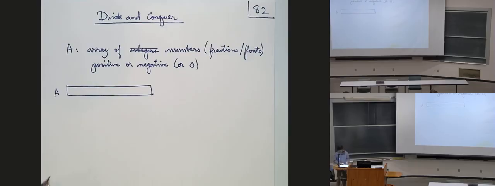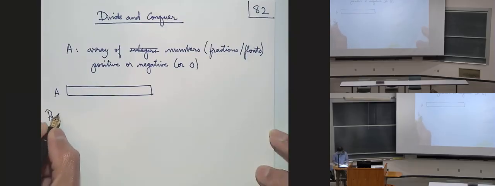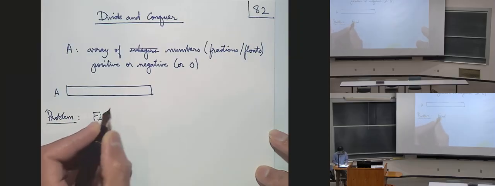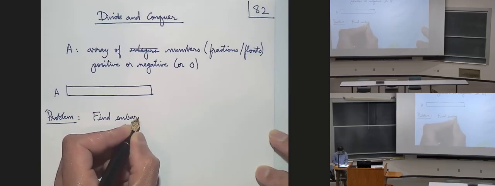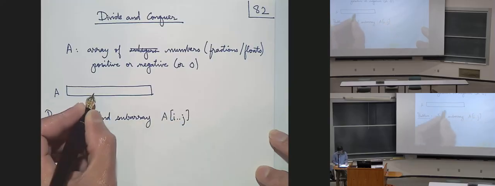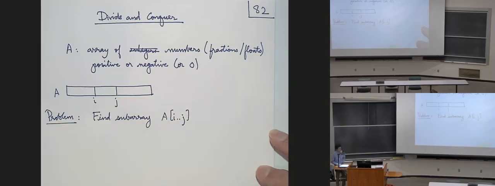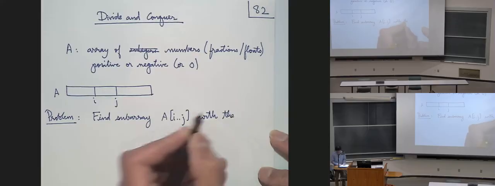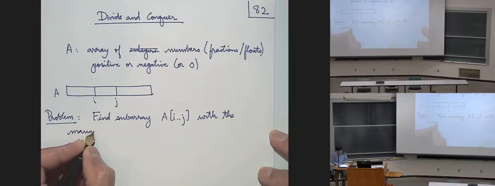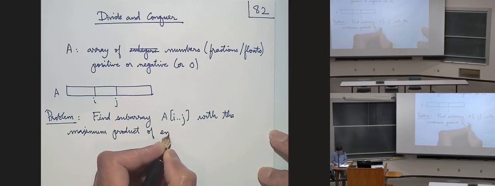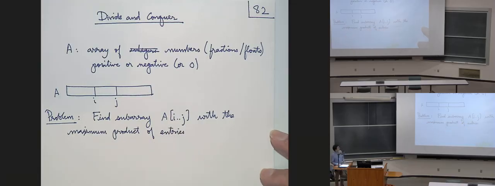Okay, and the problem is, find the subarray. The subarray would be some portion over here going from i to j, with the maximum product of entries.